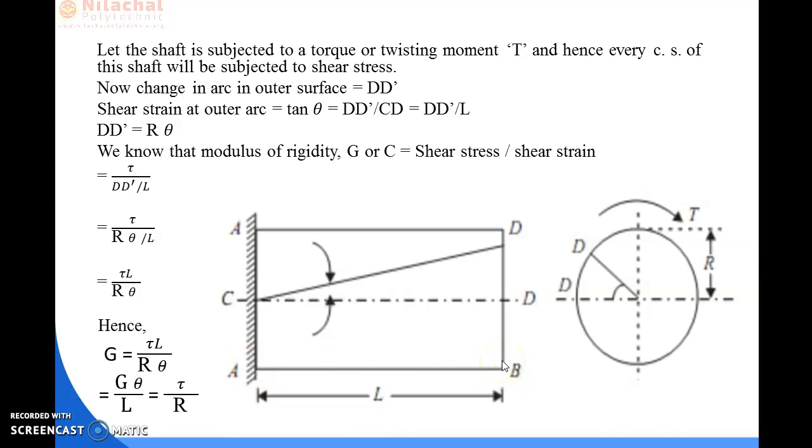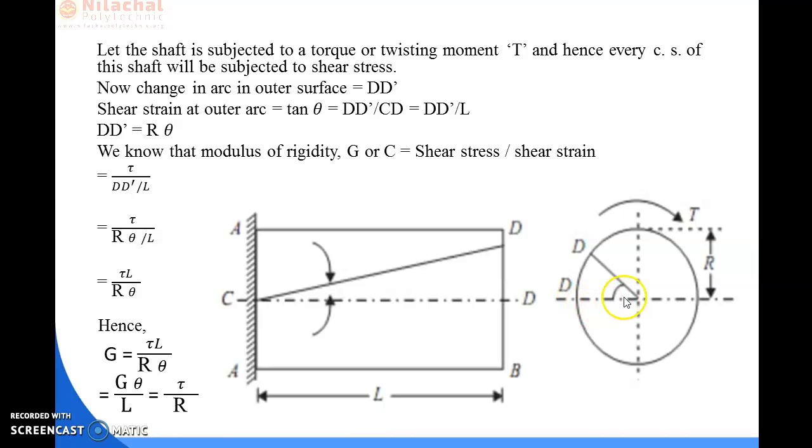So we can put the capital L value in the place of CD. Hence D D dash divided by capital L is the shear strain value for the shaft.